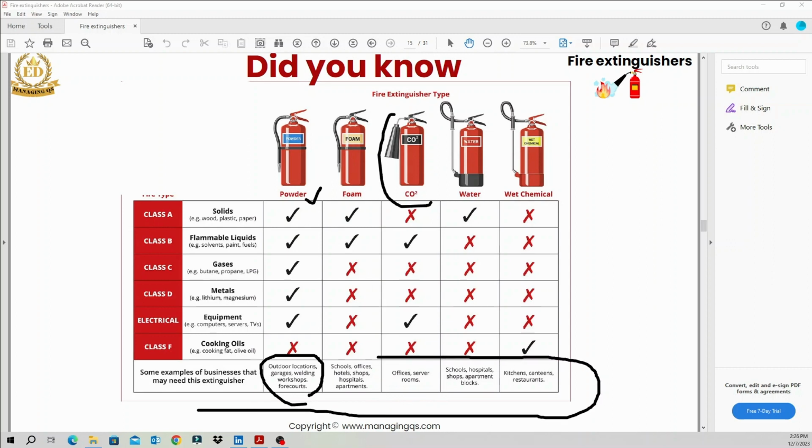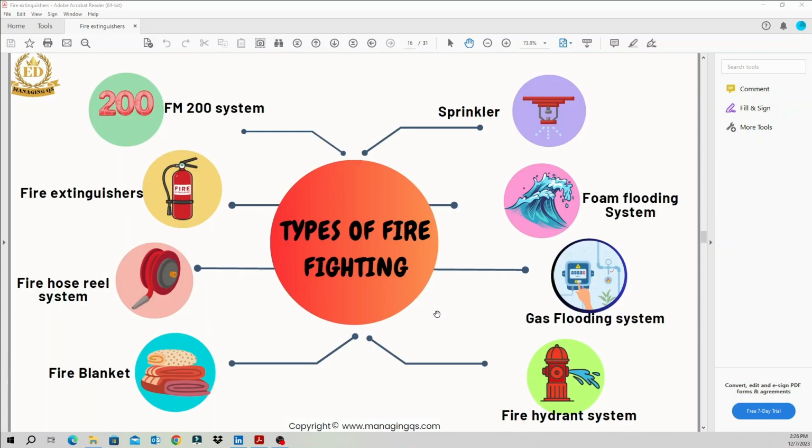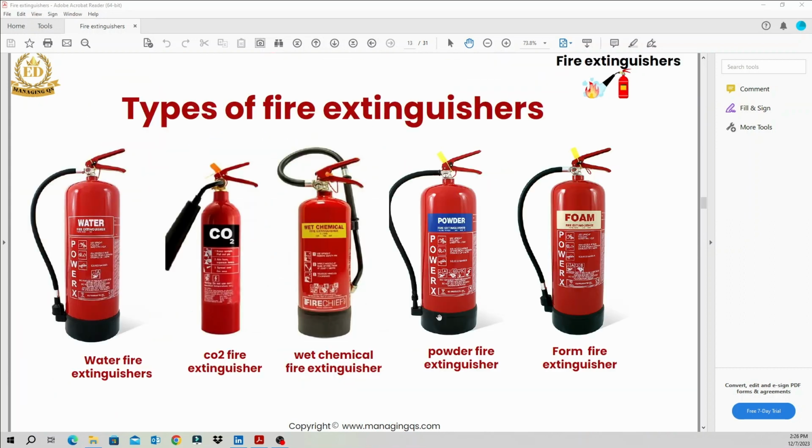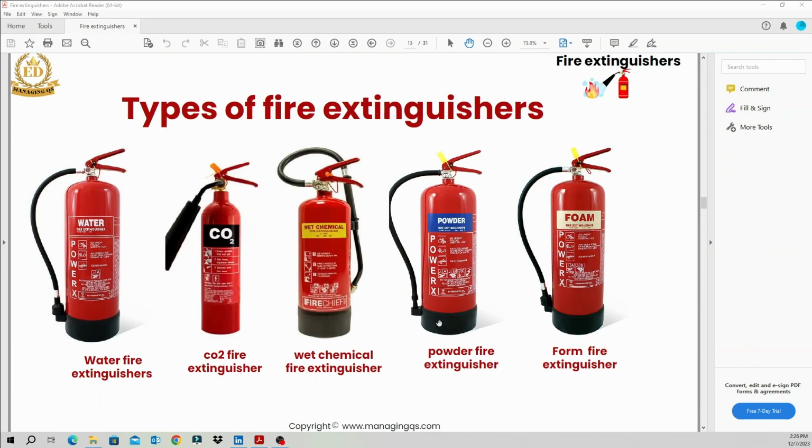So just understand, these are some of the information available for fire extinguishers. Normally, if the fire extinguishers are available in our drawings, we will take the quantities later. Before that, we are learning a little bit more about fire extinguishers.